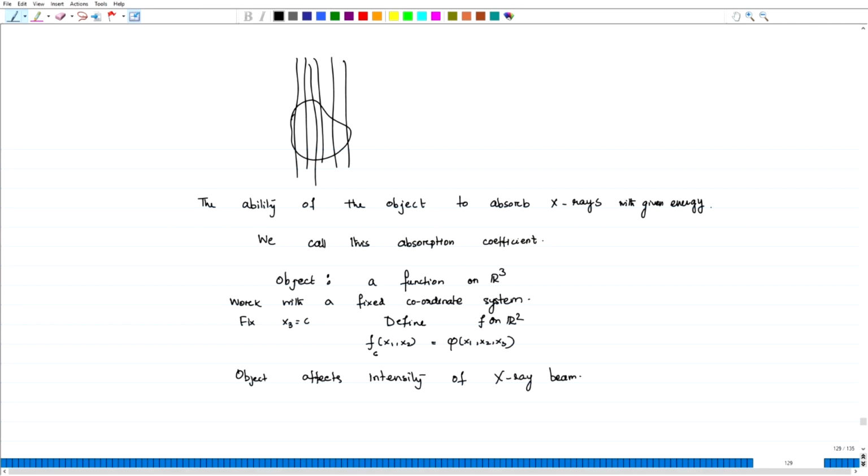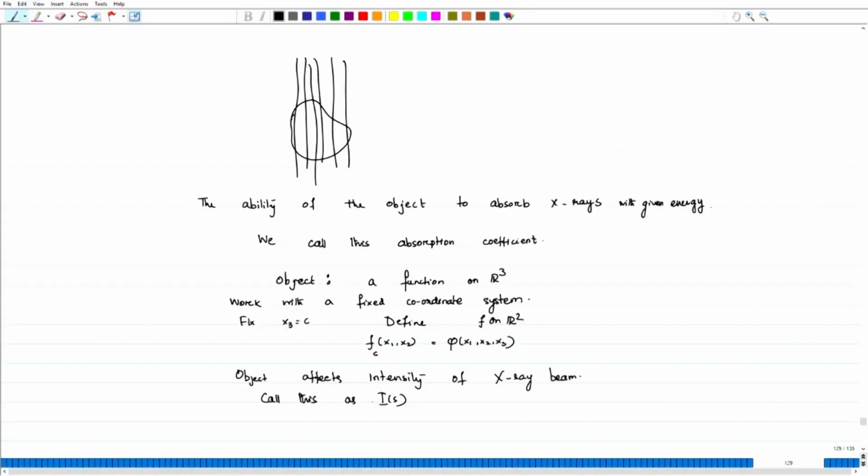Let us call this I(s), where s is the arc length along the line in which the X-ray beam is passing.